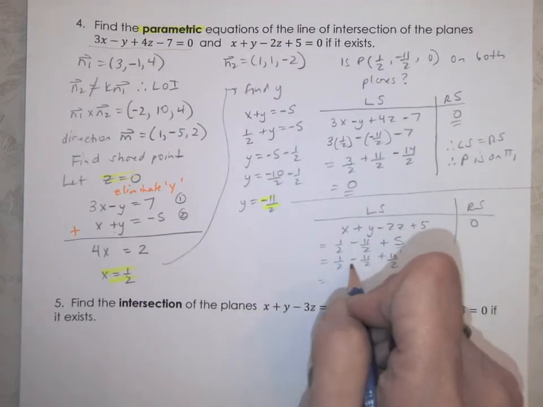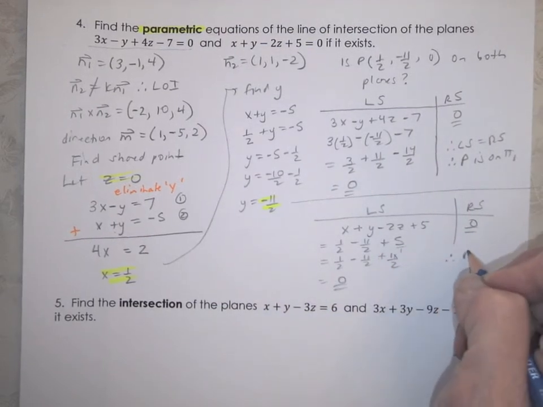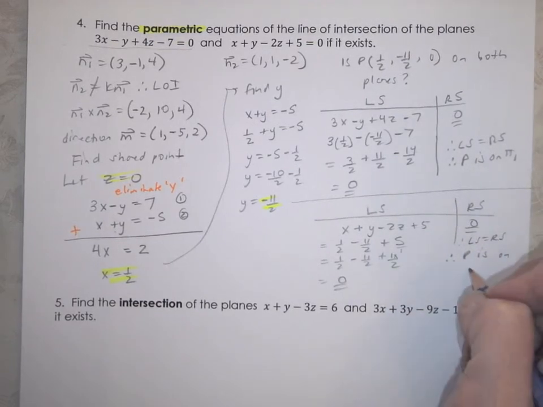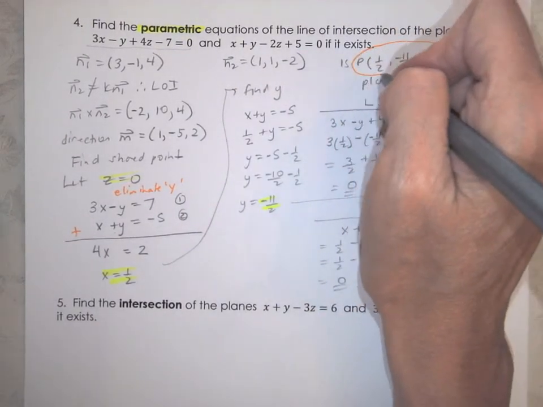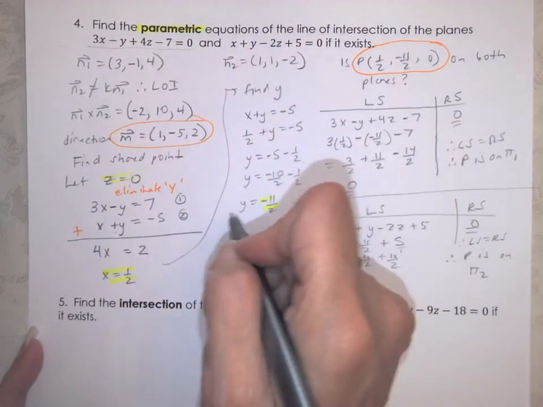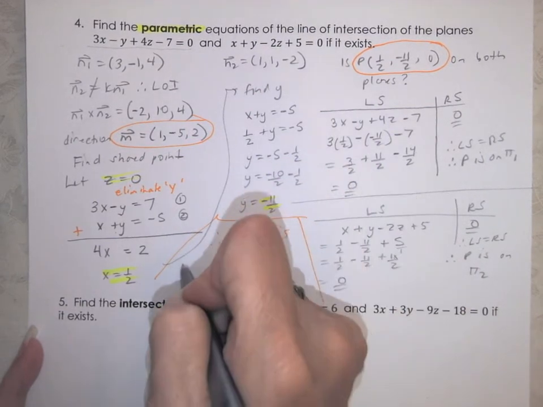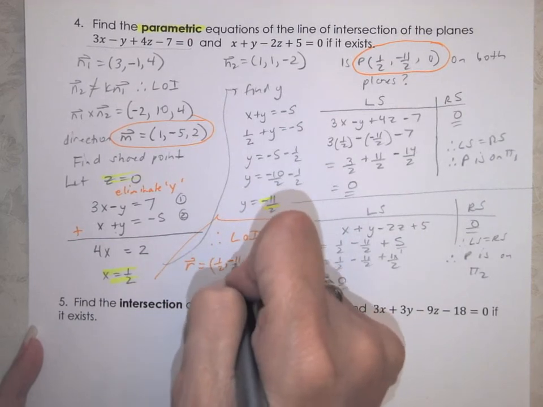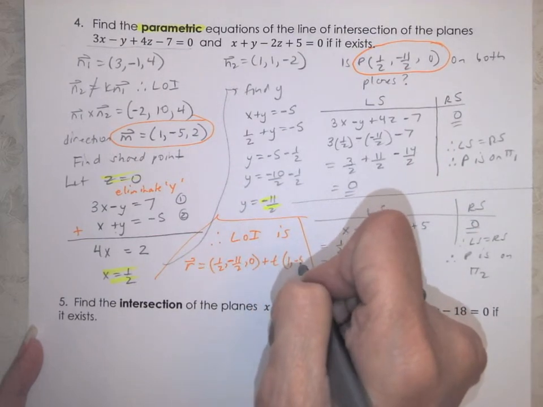That does give me 0 again, because that's going to be negative 10 plus 10, so 0 over 2 is 0. So therefore left side equals right side, therefore P is on pi 2. So we know that this is a shared point, it is on both planes. And we know this is our direction. So I'll just fit my therefore statement in here. So therefore LOI is R equals a half, negative 11 over 2, 0, plus T, 1, negative 5, 2.